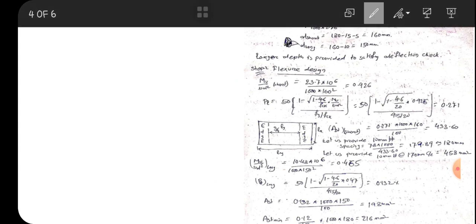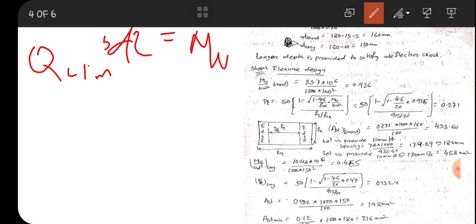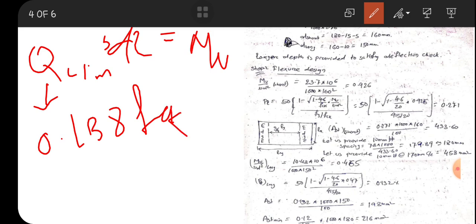Then we will check for depth from the moment criterion. We know Q lim bd square is equal to the maximum moment, as the maximum moment is the greater of Mx or My. Then Q lim we can calculate as 0.138 fck.